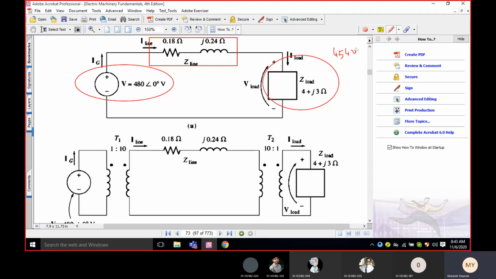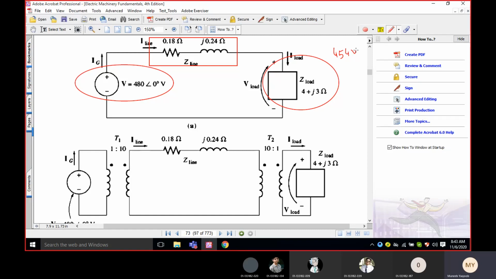Due to this low voltage problem, their home appliances or electrical devices may malfunction, or even be burnt out. So this is the disadvantage of not using the transformer.